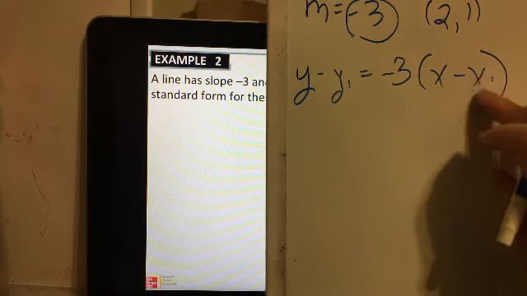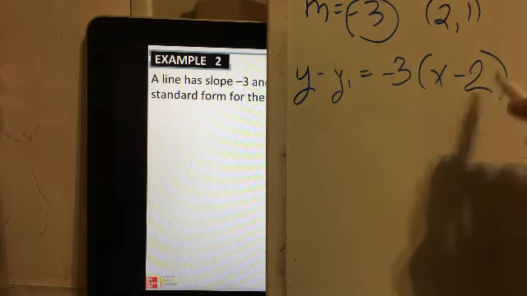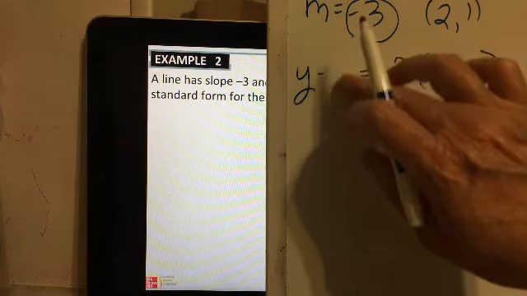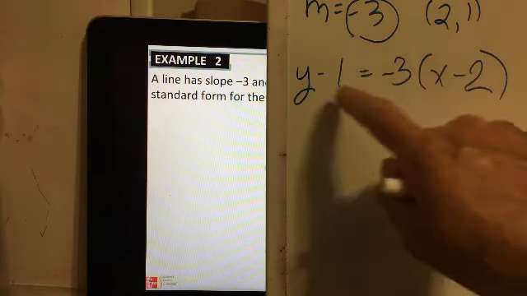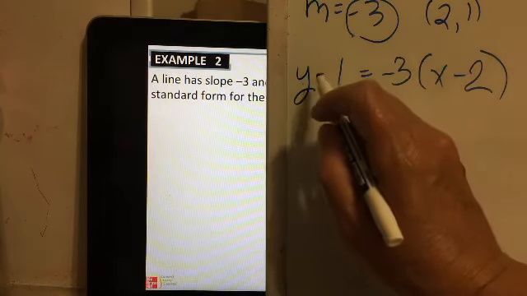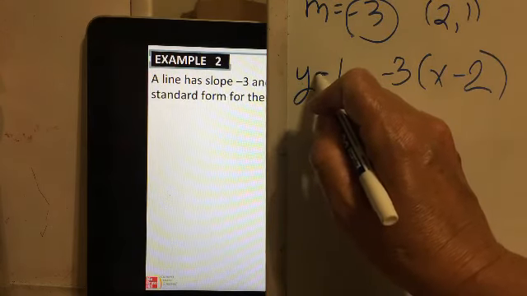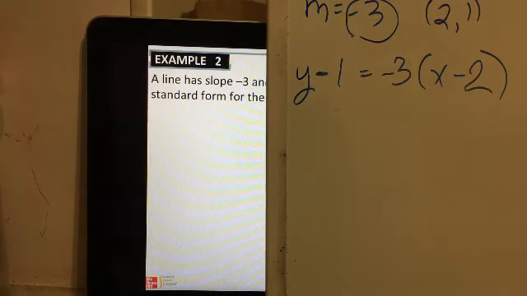So 2 is going to go here, and the y1 is going to be 1. Notice that minus sign was part of the equation and is not going to become a plus sign. That was a minus sign in the equation, and all we did was substitute in the x1 and the y1. So now that is an equation of our line.